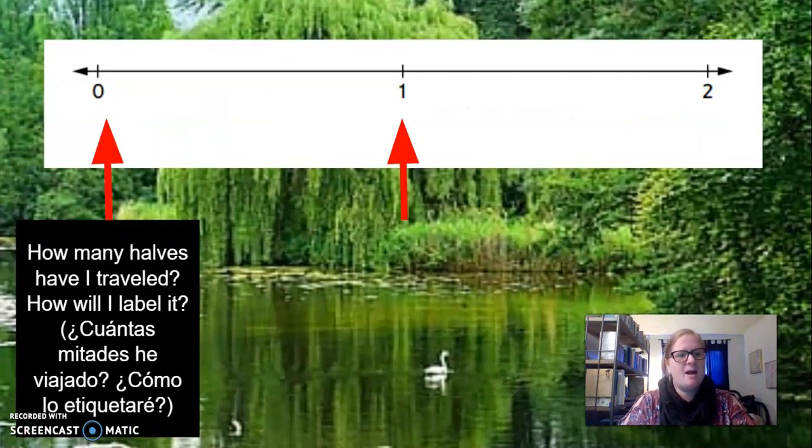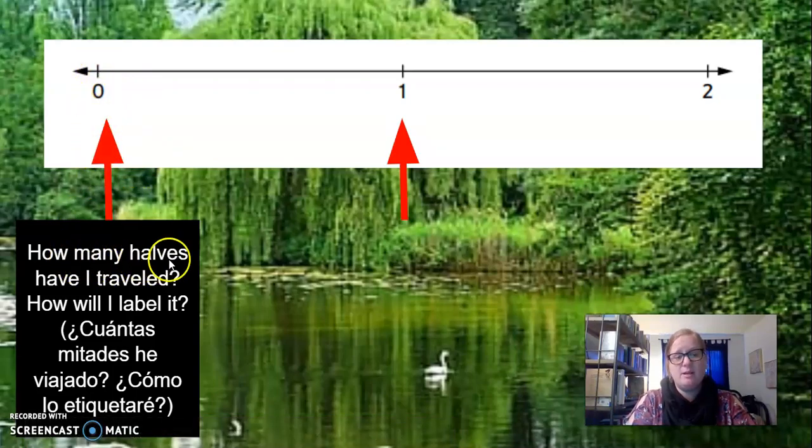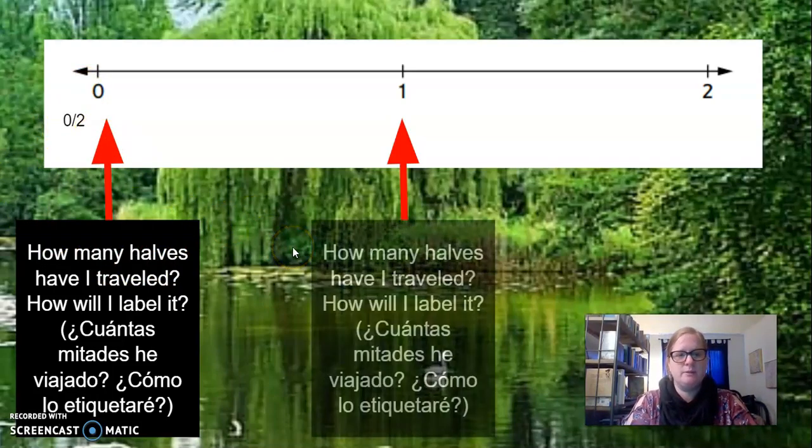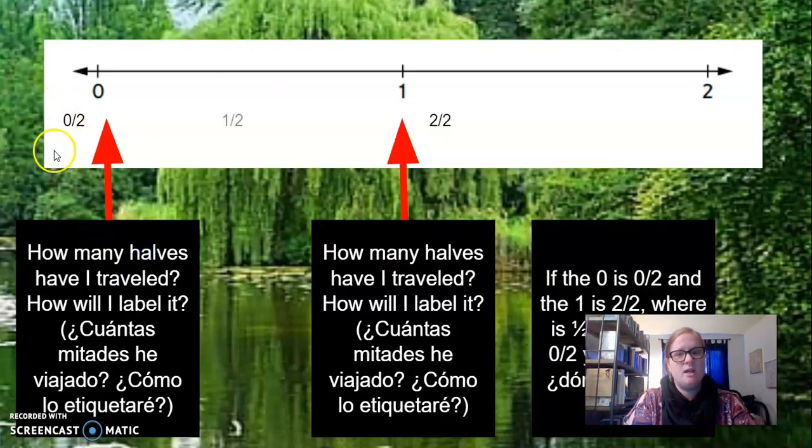So, how many halves have I traveled? How will I label this? So, since I have traveled 0, and we know from this question, halves, this would be 0 halves. So it'd be 0 over 2. How many halves have I traveled now? Well, if this is 0 halves, anything that is a 1 is going to have the same number as the numerator and the same number as the denominator.